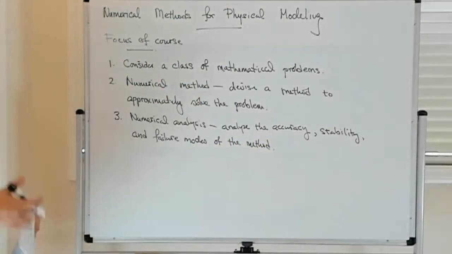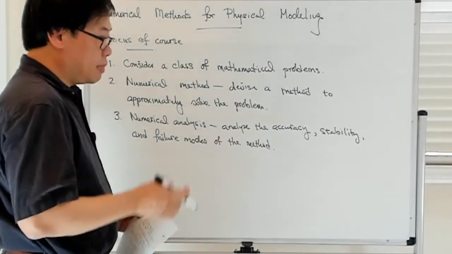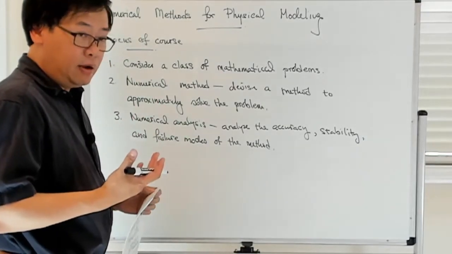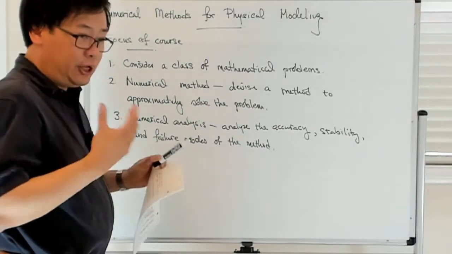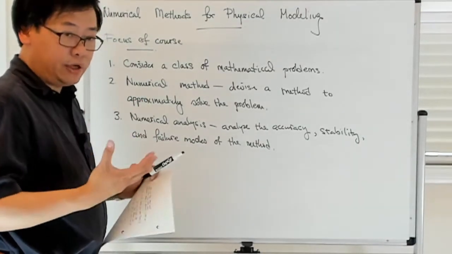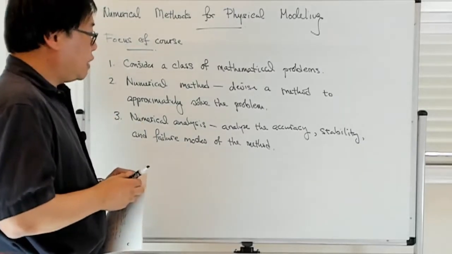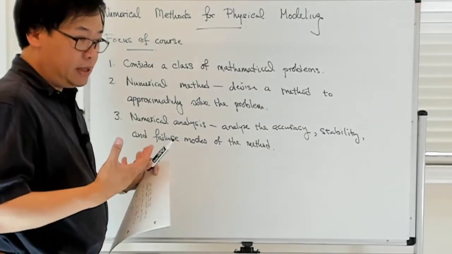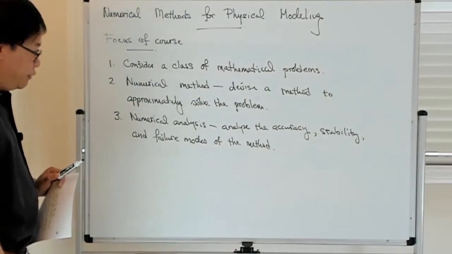So what we mean by that is that we'd like to know what kind of errors are made or introduced when you use a numerical method, right? How robust or stable it is. Do small changes in the data result in large changes in the numerical answer which you get? If that is the case, then the problem isn't well conditioned or well posed, and so you have to be aware of that.